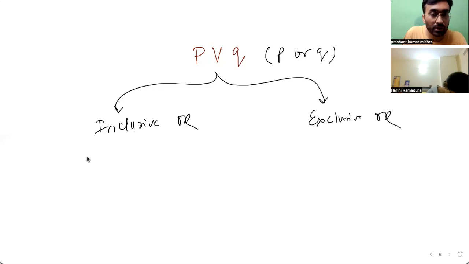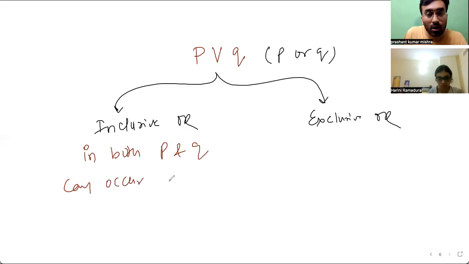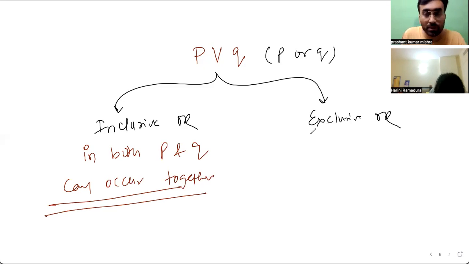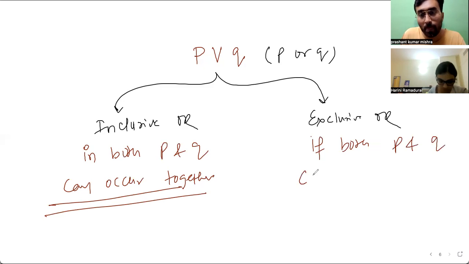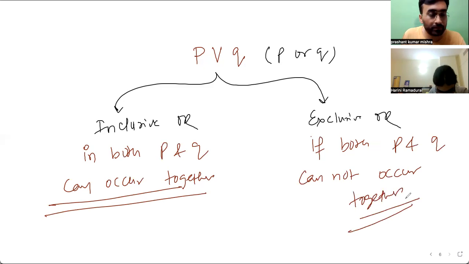So in inclusive or, both P and Q can occur together. In exclusive or, both P and Q cannot occur together.